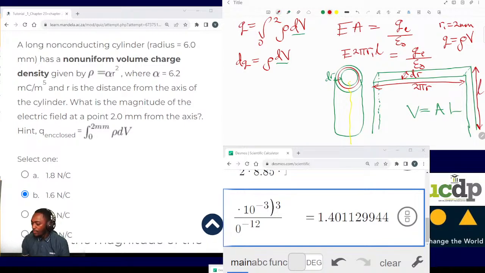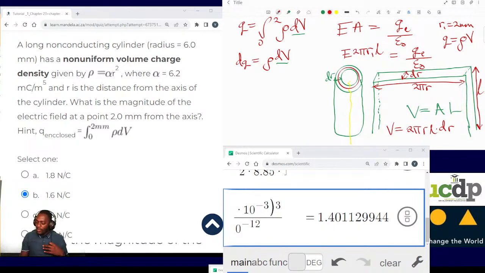So the volume is now equal to the area, which is 2 pi R L, times dr. So your volume becomes 2 pi R L dr. Why? You have to find the volume: length times width times height. So that is how we've found the volume.